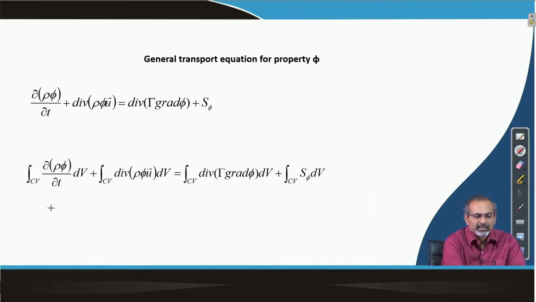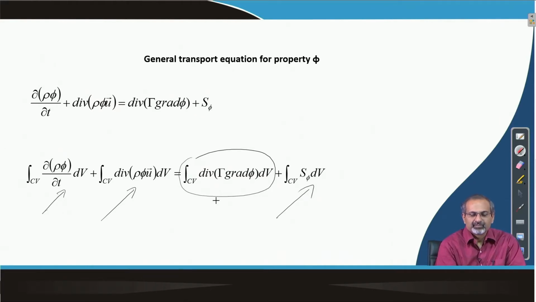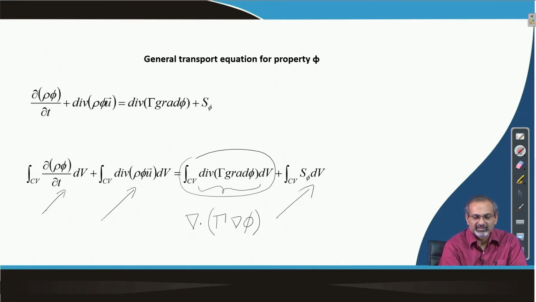So, if we ignore unsteady effects, advective effects and source terms in the equation, then we will be left with only a term which is coming from the diffusion, and that term can be written like this, what you have inside the integral, and that is what comes in the derivative form, that means in the finite difference form from the differential equation.